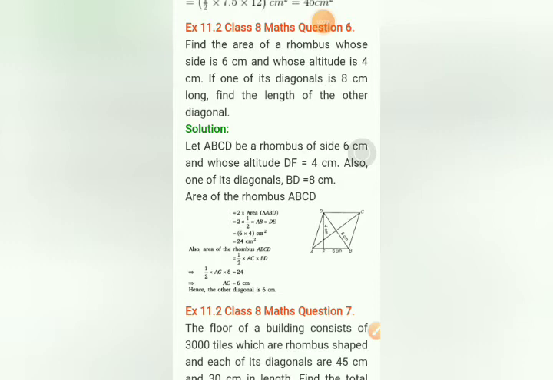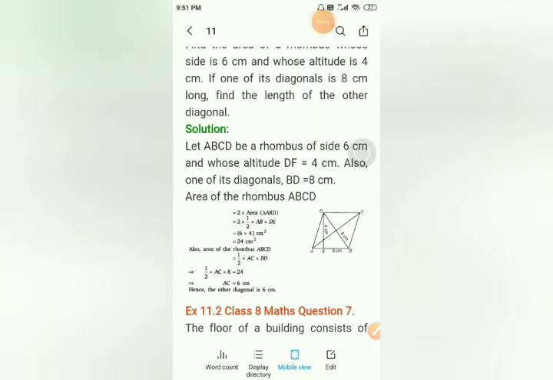A rhombus is given which has side 6 cm. Here the altitude is given as 4 cm. Now if this rhombus is divided into two triangles, and we add the two triangles, we'll get the area of the rhombus.